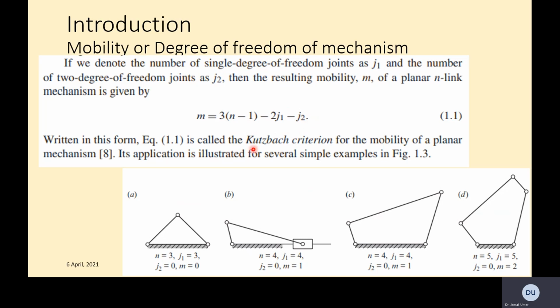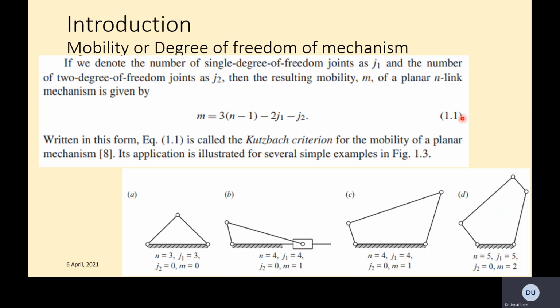So you use this equation and you will work out what will be the mobility of the mechanism. So the sole purpose of this equation is to find the total degree of freedom of the mechanism, or you can call it the mobility of the mechanism.